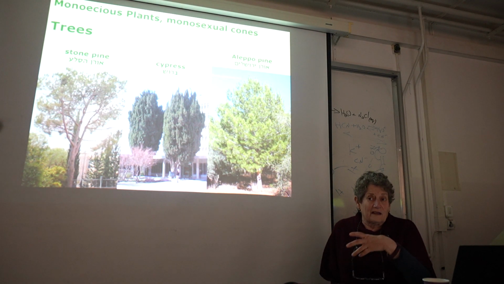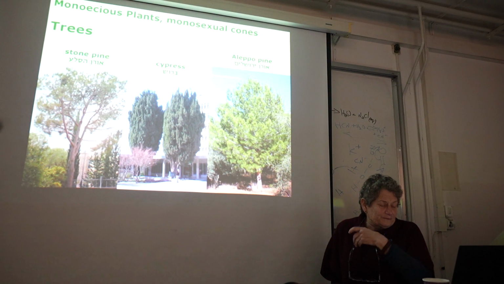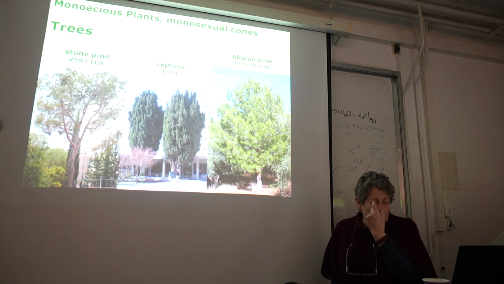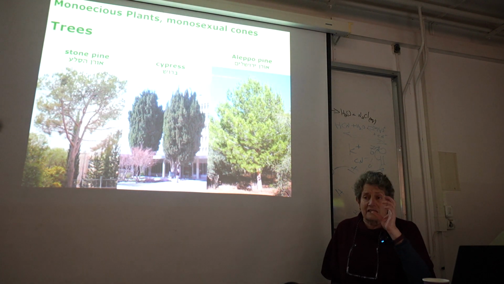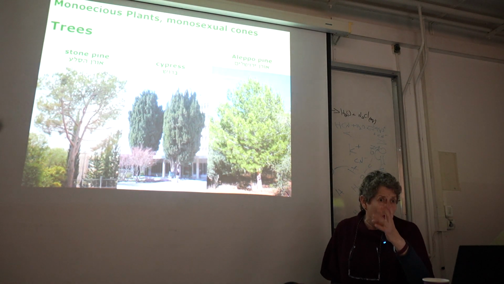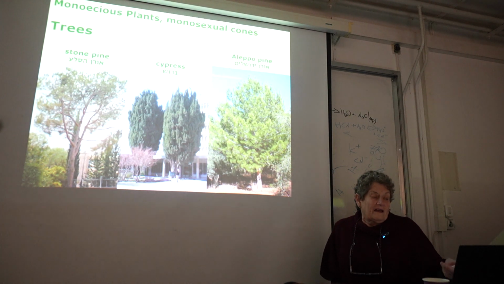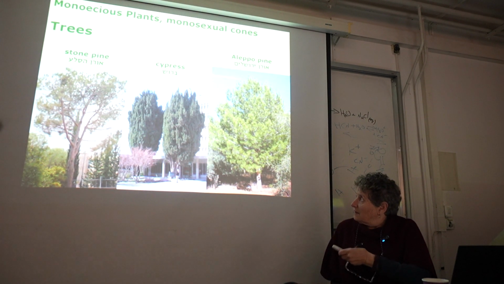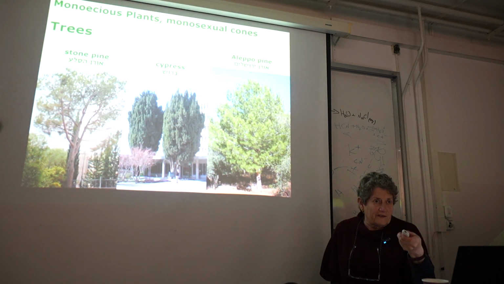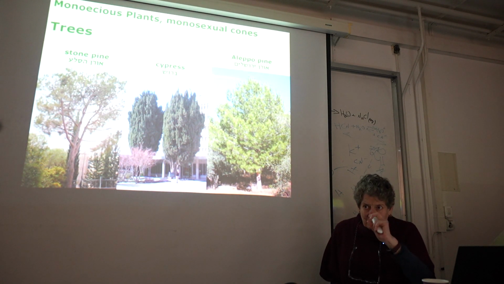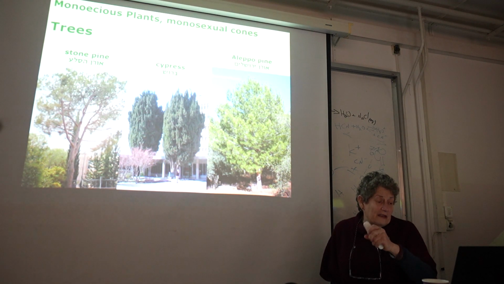They don't really have fruit. Their fruit is something we call a cone, and we can see pine cones that are male and that are female, and they're different in their shape.